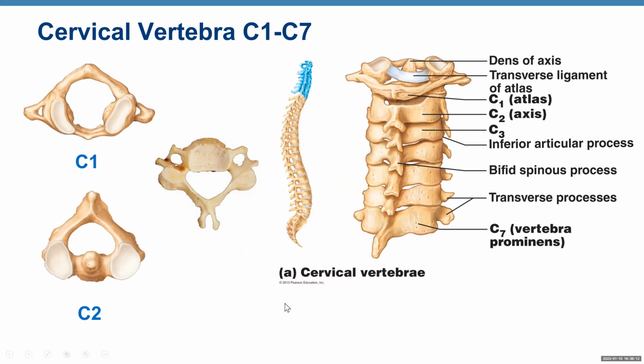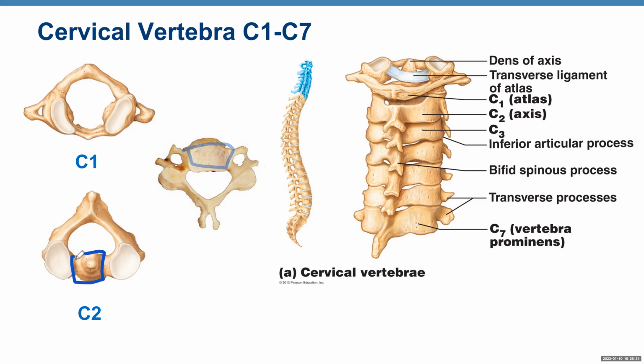Now we have several different vertebrae. We already talked about it. We're going to start with cervical, seven cervical vertebrae. C1 and C2 have a pretty different morphology. You can see that C1 is missing the body.